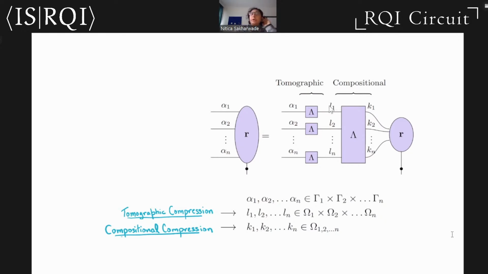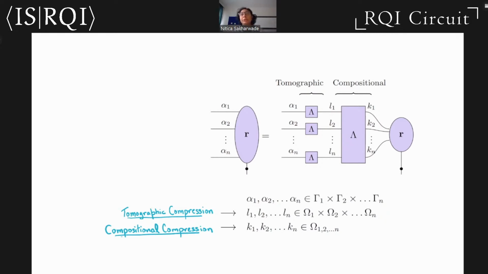But now, once you do tomographic compression on each elementary region, there's some more compression that can happen, which comes from causality. So when you compose these regions together, there might be some causal relations between them that reduce the description that you need to describe the total state compared to, let's say, the individual states. We see this maybe from an example of composing quantum channels.